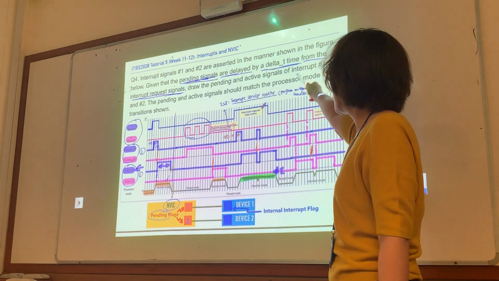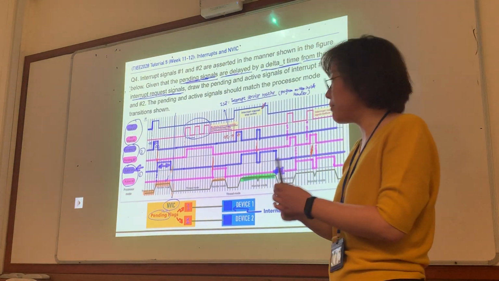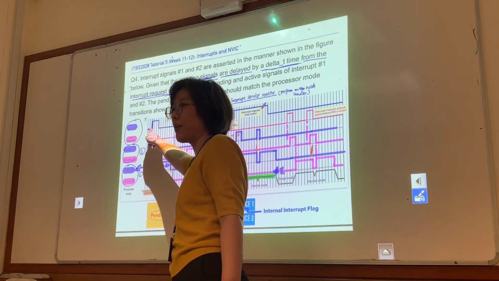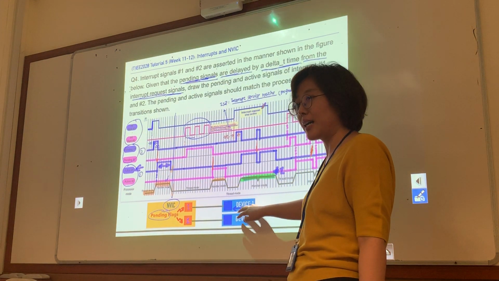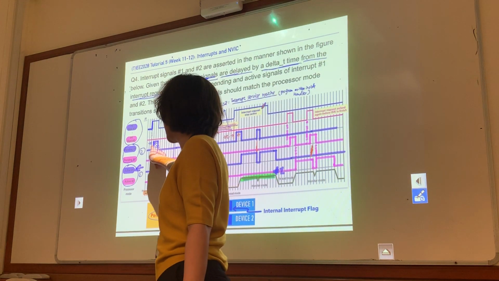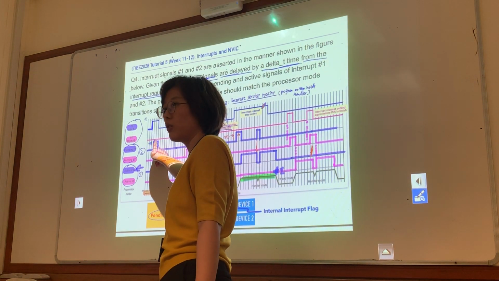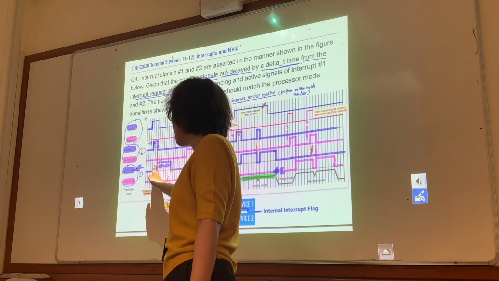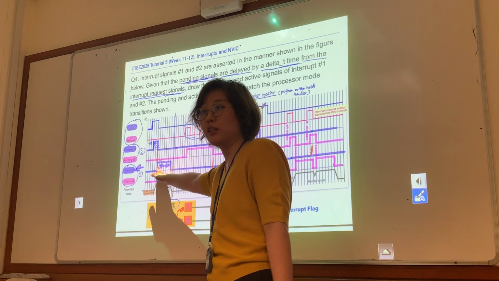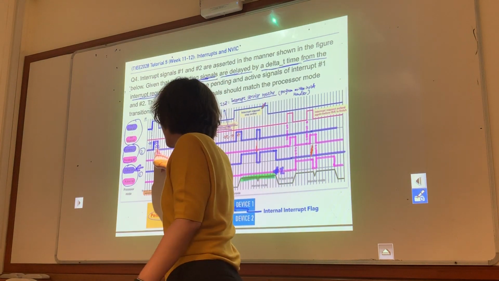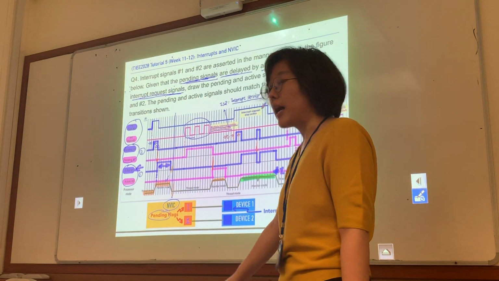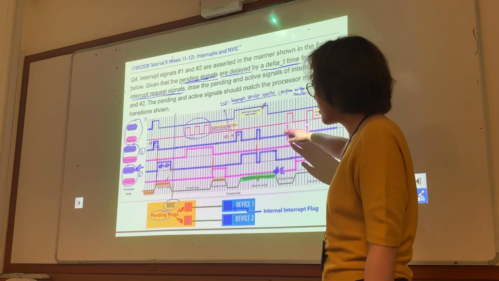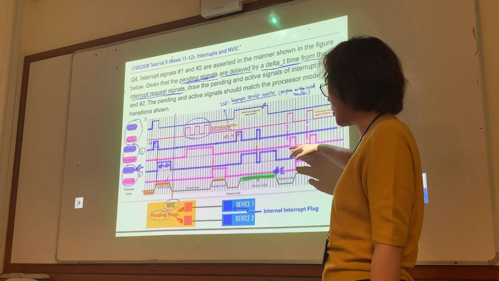The question told you that there is a delta t time delay, so every time there is a rising edge of the interrupt request, which is the external signal, you have a delta time delay, then your pending signal goes to 1. It will stay as 1 until the moment that your processor is able to handle it, and then it gets cleared immediately. Using this strategy, you can derive your pending for interrupt 1 and interrupt 2.